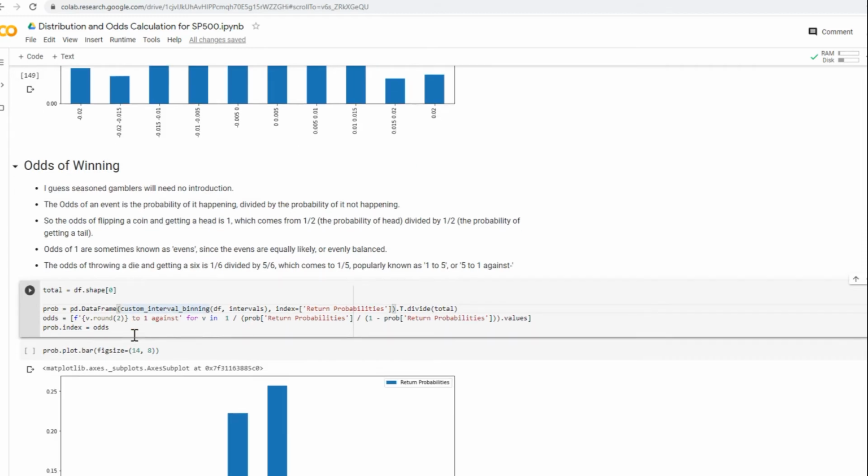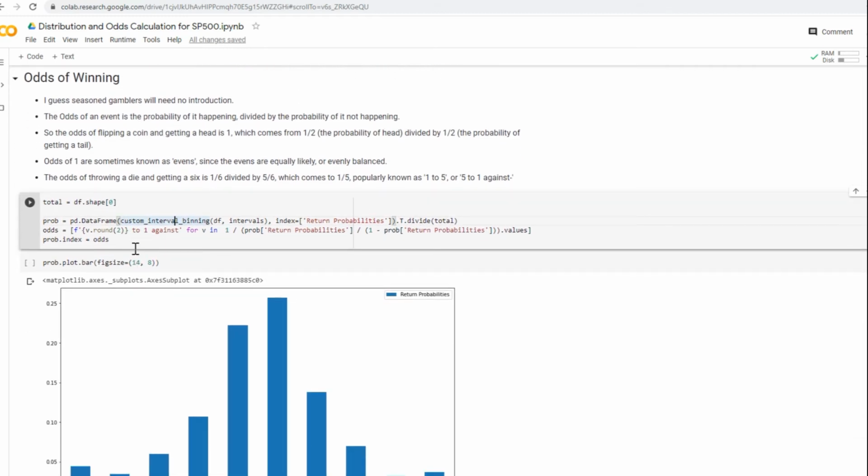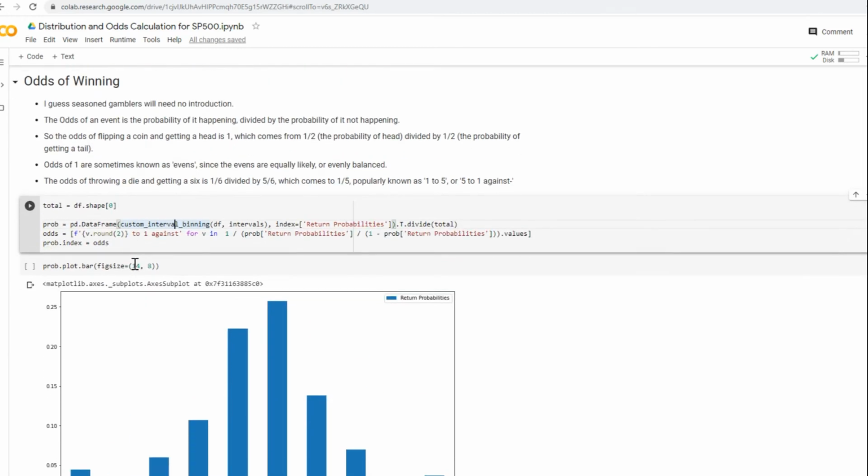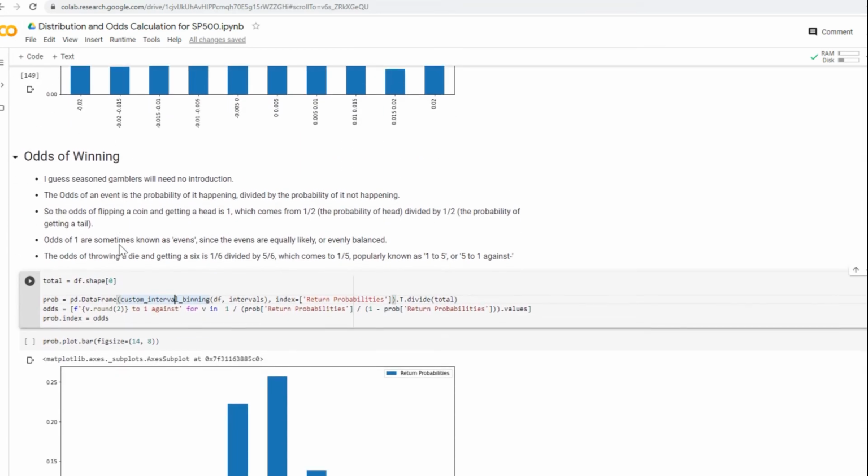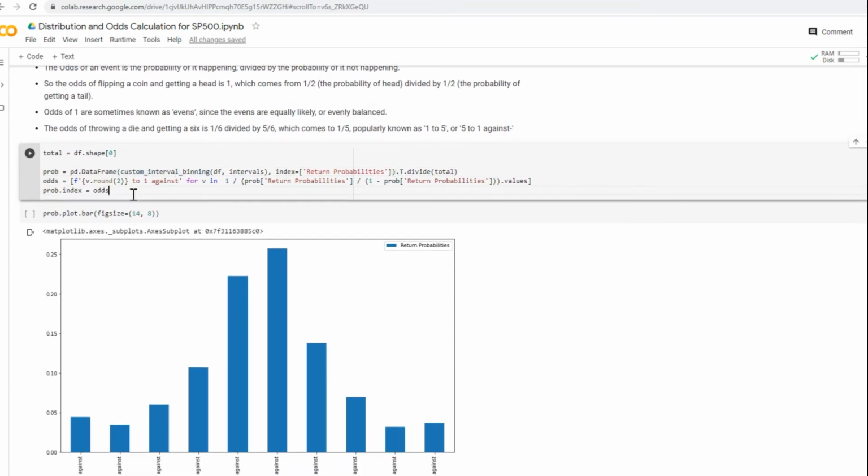What I'm doing here is making that specific calculation. I divide the probability by the probability of not happening, and then I rename it. First, I calculate the probability divided by the probability not happening, and then you do 1 divided by that outcome, and you get the values.